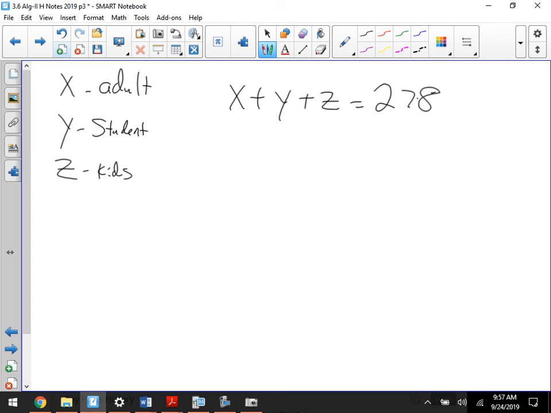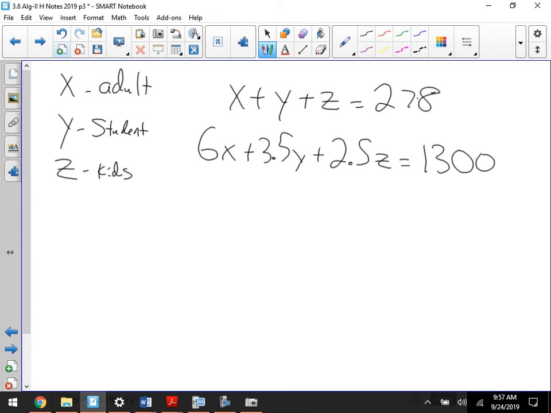So we know that the combination of the money, 6x plus 3.5y plus 2.5z is 1,300. Oh, I'm sorry, I read the wrong number. They're right next to it. Thank you. Okay. And then lastly, it talked about the difference in one ticket versus another.